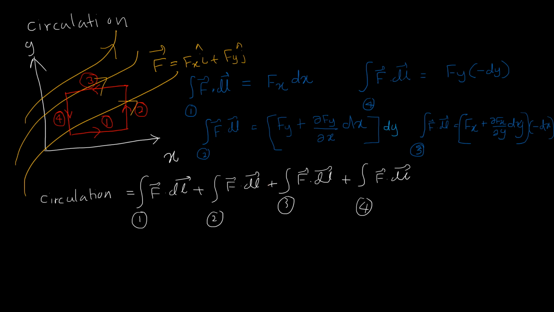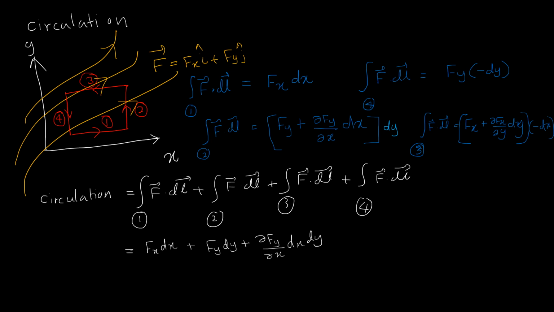Now we can add all these four components. Along path 1, it is going to be Fx dx. Along path 2, it is going to be Fy dy plus ∂Fy/∂x dx dy.